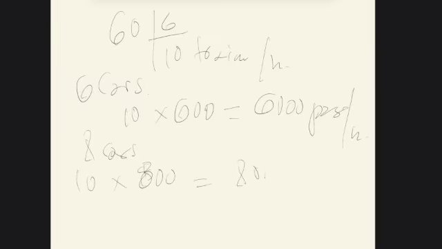That gives us 8,000 passengers every hour. Same hour, same 6-minute headway. But simply changing from 6 cars to 8 cars gives our simplified example room for 2,000 more passengers.